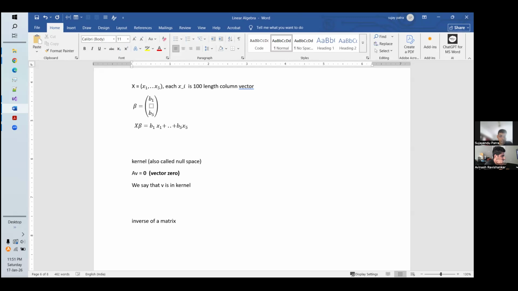So we say that V is in the kernel of A. If you multiply A with a vector V and you get the 0 vector, then we say that V is in the kernel or null space of A.